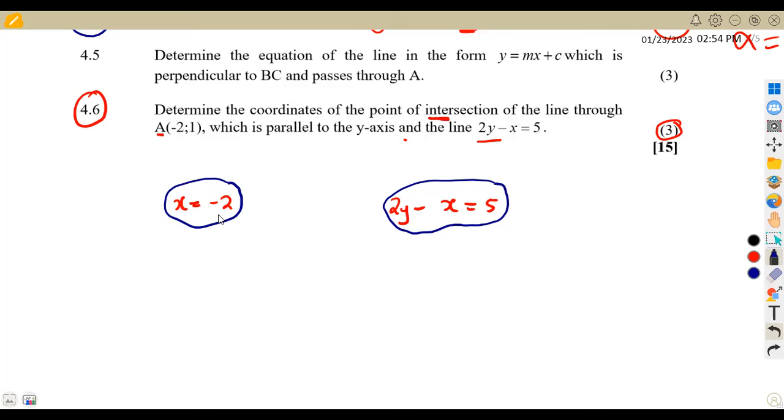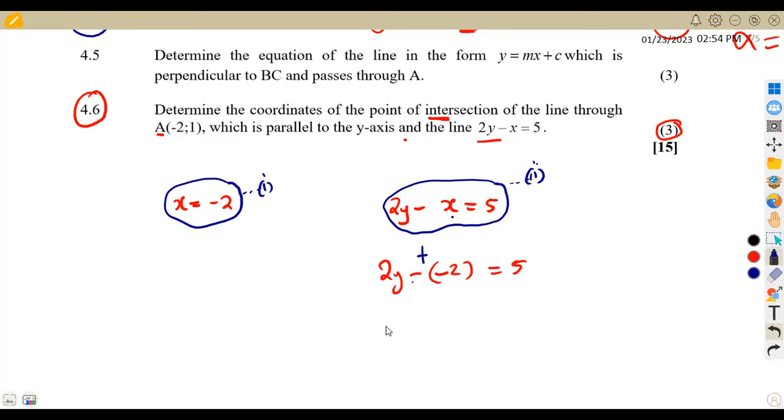Already I have the value of x, so I can just substitute the value of x into the other equation, because this is your equation 1 and this is your equation 2. On equation 1, already x is equal to -2. So I'm going to utilize the second equation. In place of x, I'm going to substitute -2. So it's 2y minus (-2), which is going to give us 5.